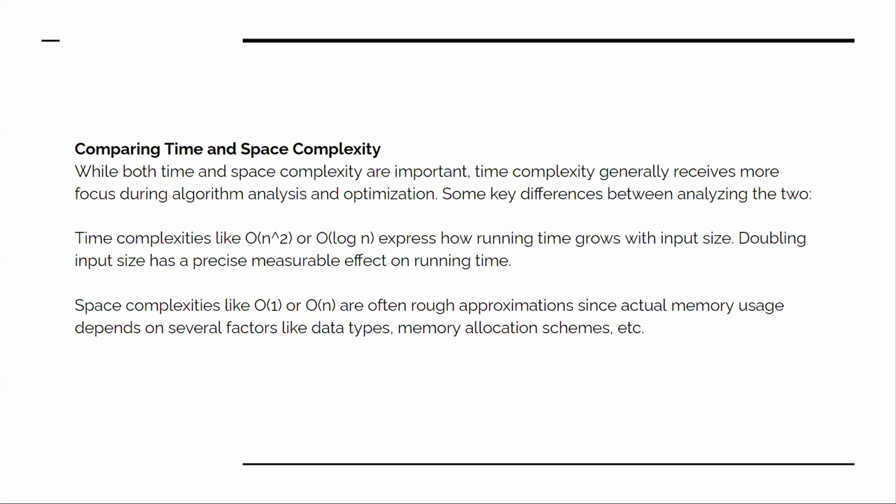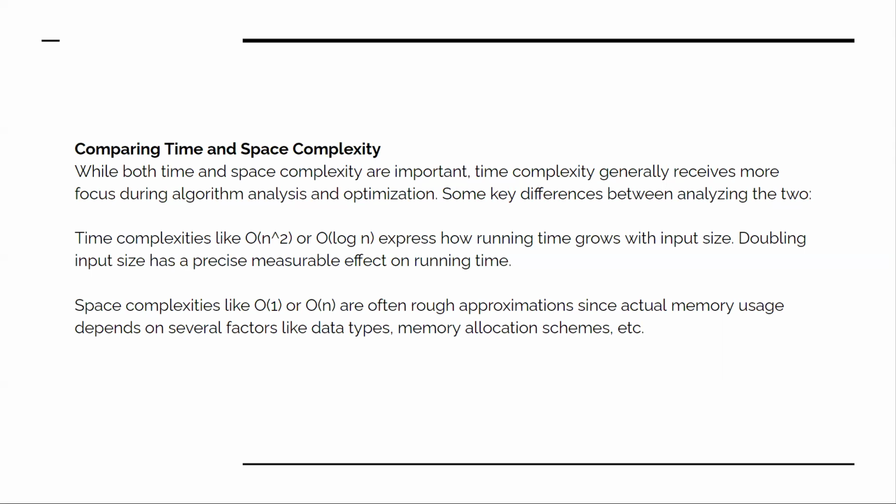Comparing time and space complexity. While both time and space complexity are important, time complexity generally receives more focus during algorithm analysis and optimization. Some key differences between analyzing the two. Time complexities like O of n squared or O of log n express how running time grows with input size.